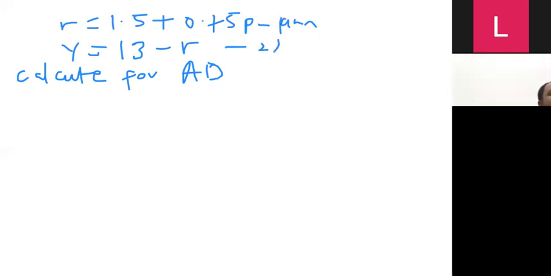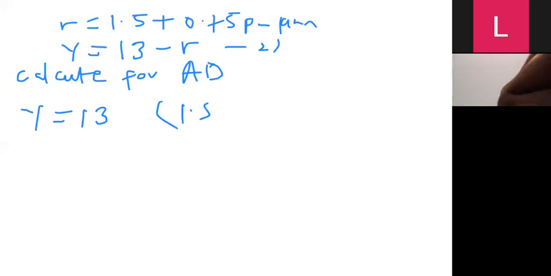Because I have R in equation 2, I can replace equation 1 in equation 2. So I can say Y equals 13 minus, in place of R, I'm going to write 1.5 plus 0.75P. So let's expand.